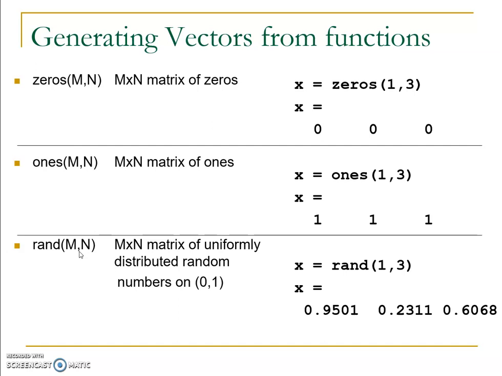This function will create random numbers for the given row and column dimensions. One more function is eye in the bracket m, n, which is the I function, which will create an identity matrix with dimensions of row, column.